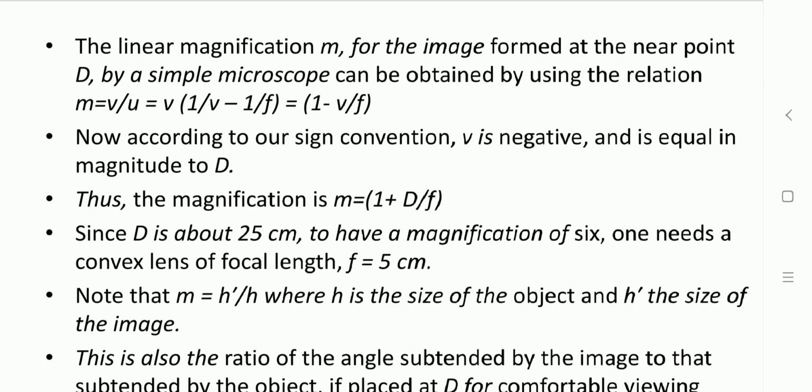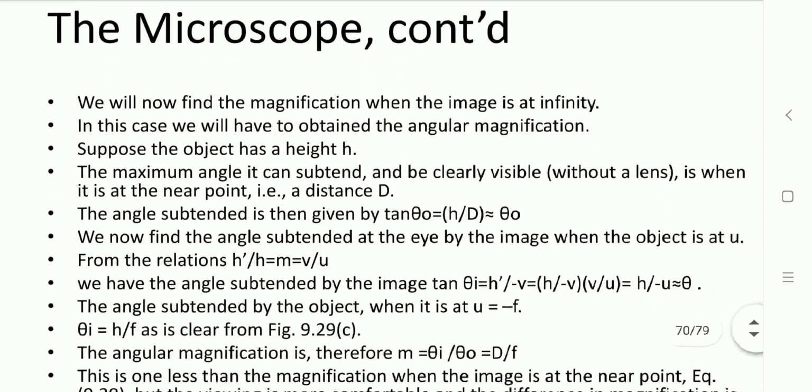This ratio is also available from the image and the object if D is the comfortable viewing distance. So a single lens magnifier allows the object to be brought closer to the eye than D. Now let us find the magnification when the image is at infinity.